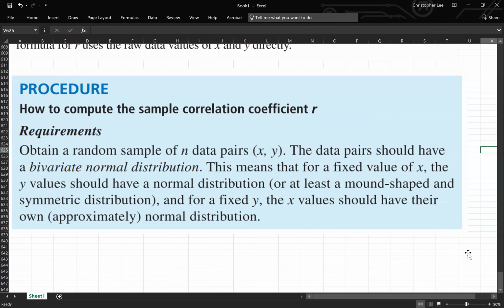This means that for a fixed value of x, the y values should have a normal distribution, or at least a mound-shaped and symmetrical distribution. And for a fixed y, the x values should have their own approximately normal distribution. All right, so here goes the formula for R. Then we'll talk about it next class.